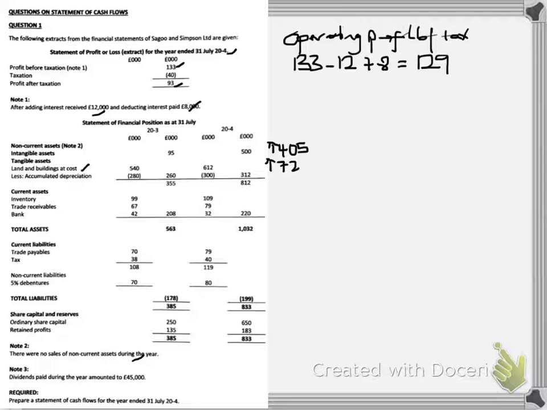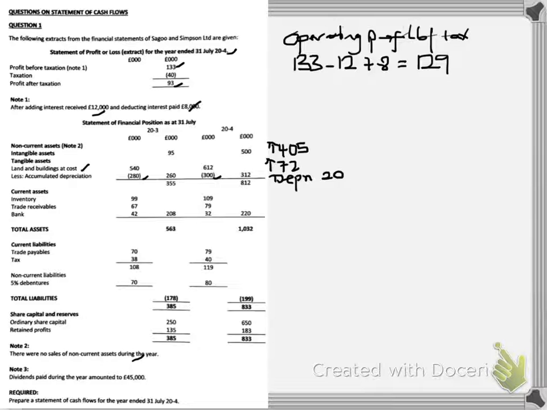We have accumulated depreciation here, and it shows that the amount has increased by 20. So that will go to the statement of cash flows as depreciation 20, under adjustments.